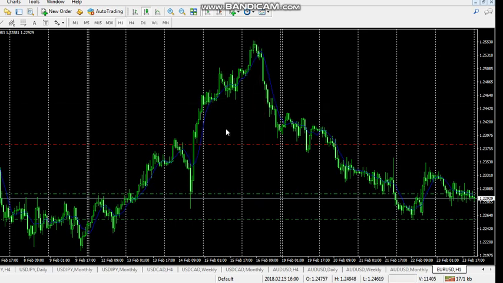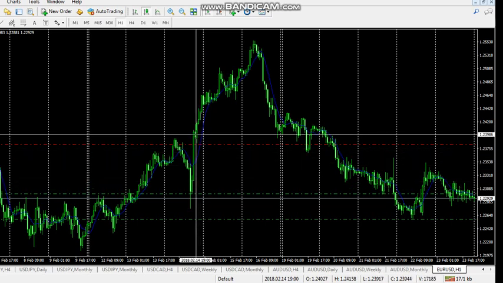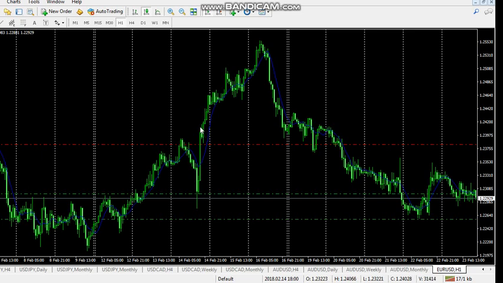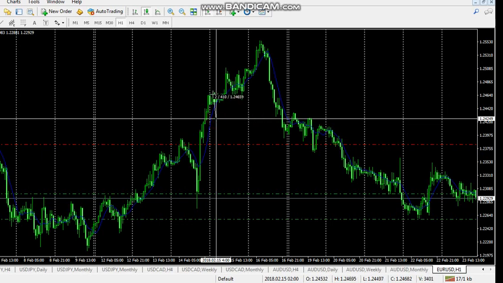For example, there is a breakout, two candles are formed and then out.